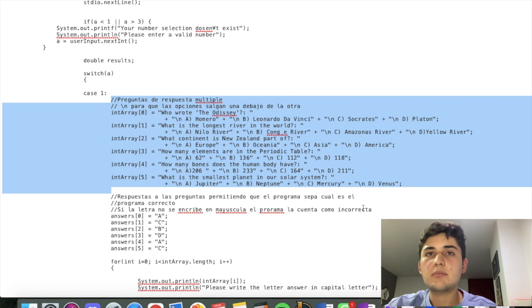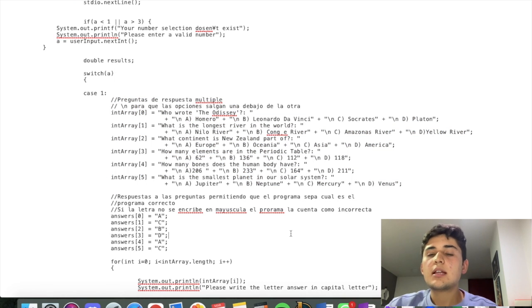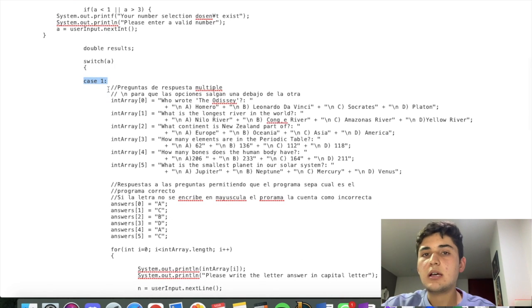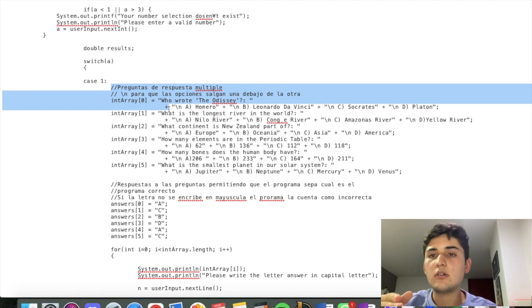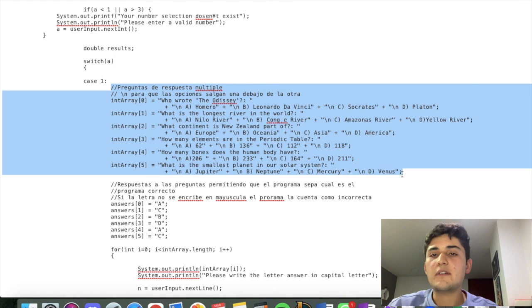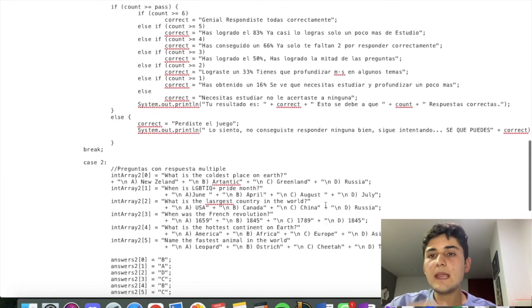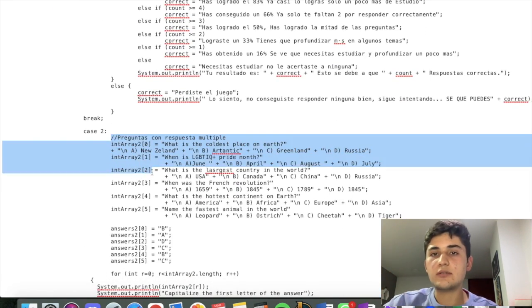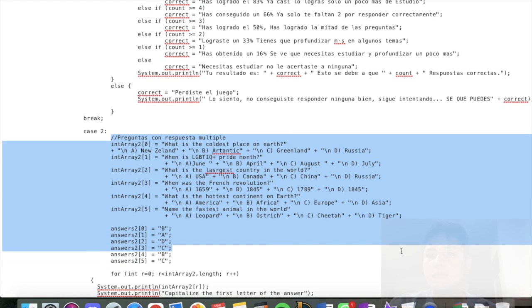I also put this switch, which makes it repeat and split. I mean, for example, I have two cases, so if I put 1, it goes to case 1 and shows the questions and answers of case 1, and if I put 2, then the questions and answers of case 2 appear, which are the difficult ones.